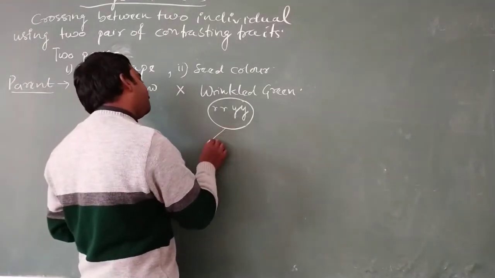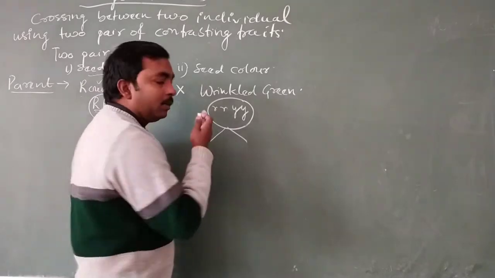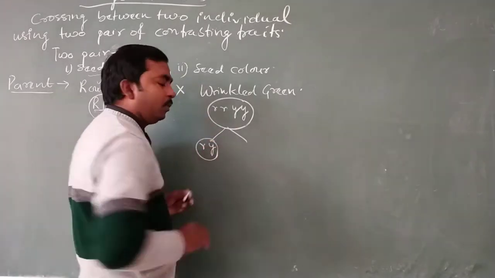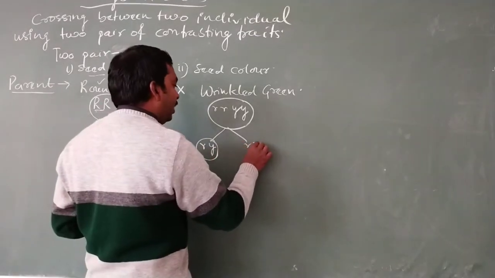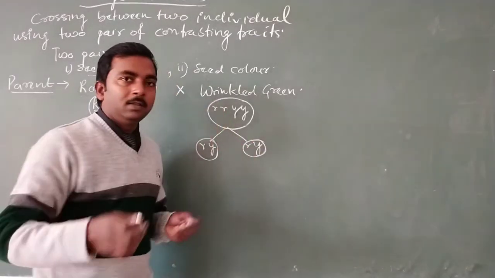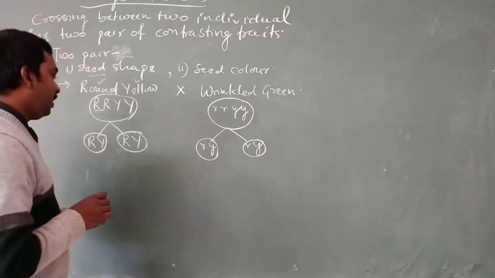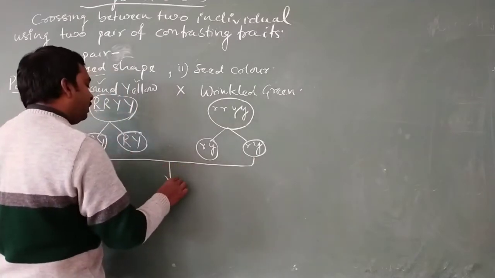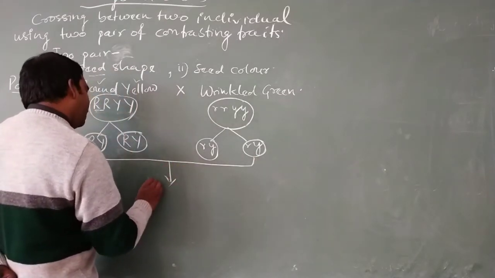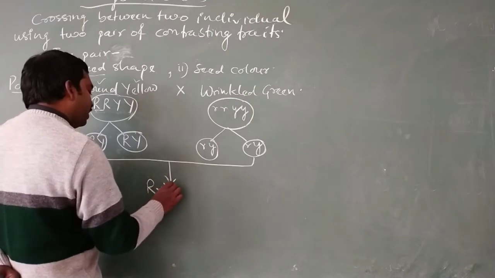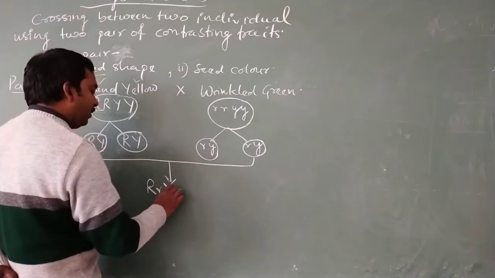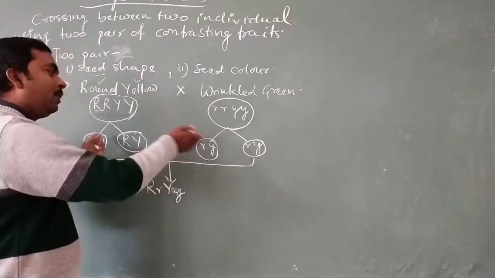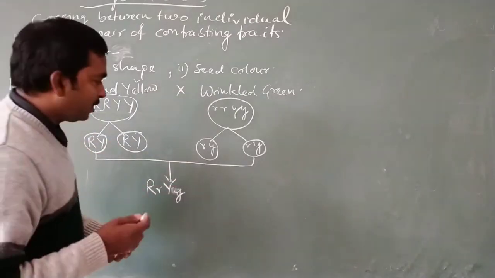Likewise, for the recessive trait, small r with small y go in one gamete and small r with small y go to another gamete. Then fusion of these gametes takes place, and after fusion the result is capital R small r, capital Y small y.